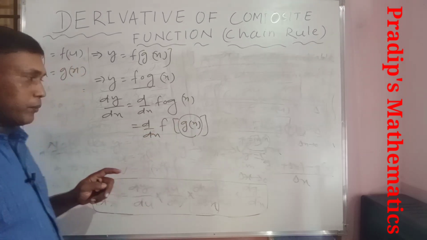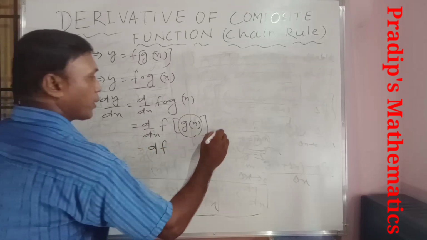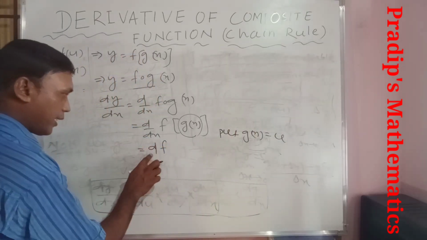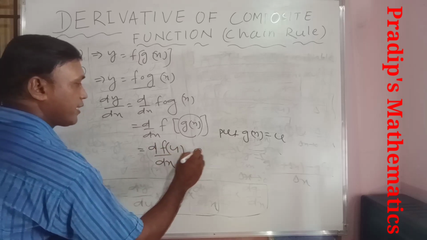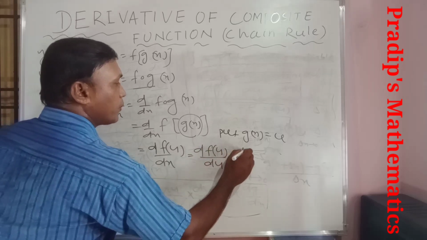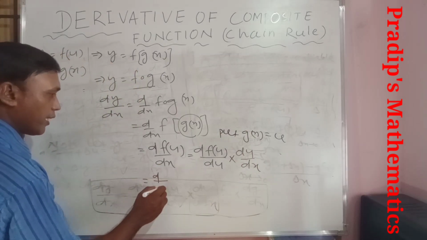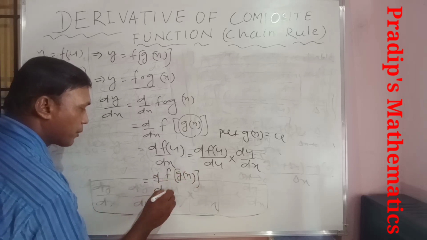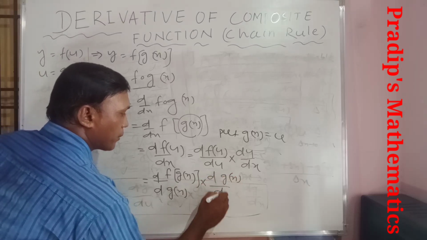Put g of x is equal to u. Now the derivative of f of u with respect to x is the derivative of f of u with respect to u into the derivative of u with respect to x, which is equal to the derivative of f of g of x with respect to g of x into the derivative of g of x with respect to x.